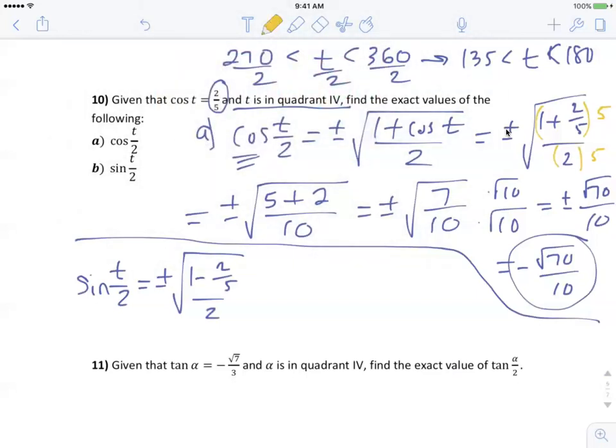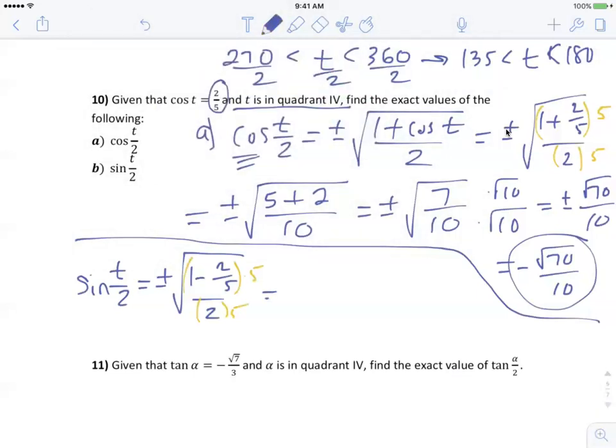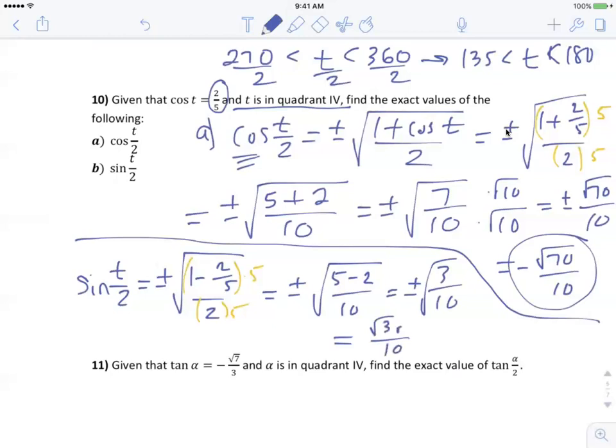So everything's the same. It's just you're using minus instead of plus, right? So this one's going to be plus or minus square root of 5 minus 2 all over 10, which is plus or minus square root of 3 over 10, or square root of 30 over 10, plus or minus.